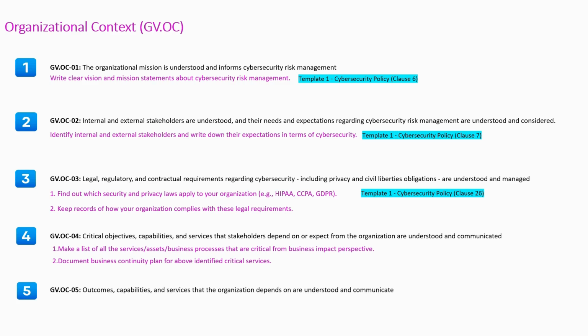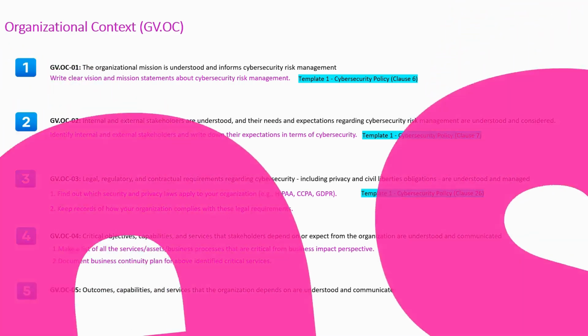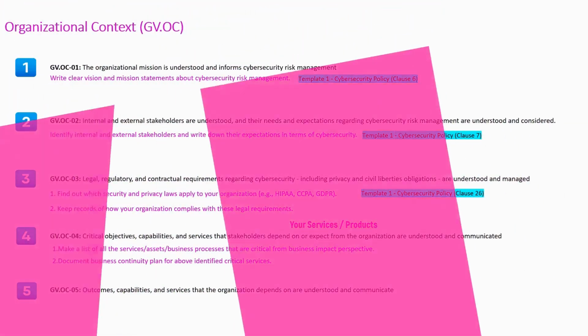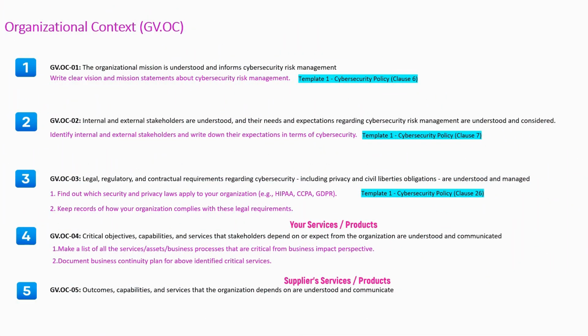Now let us understand the fifth subcategory, which says that services that the organization depends on are understood and communicated. So here it is about your dependency on the services and products of suppliers or service providers. So subcategory 4 is about customers' dependency on you, and subcategory 5 is about your dependency on suppliers.